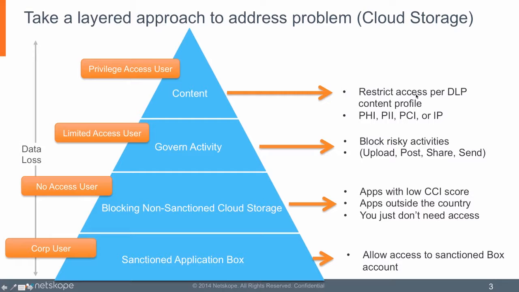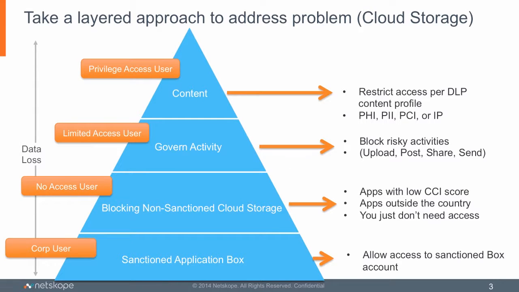For instance, they can go to the non-sanctioned cloud storage, they can upload, post, share, and send, which are the riskier activities, but we can use data loss prevention type policies to prevent or coach users away from uploading things that may contain PHI data, PII data, PCI data, or intellectual property. So this is a good model that should work for the majority of customers out there.